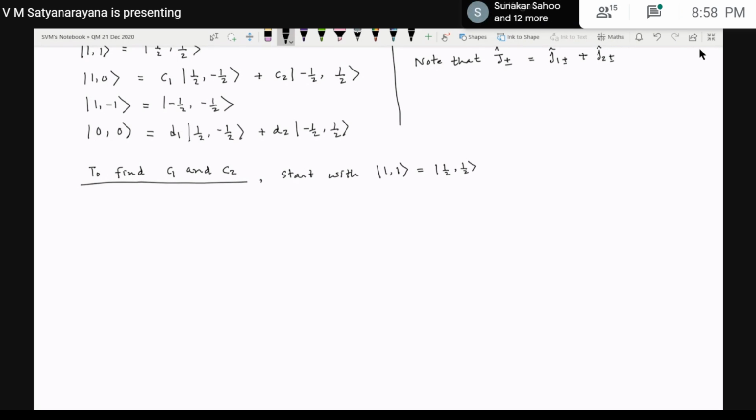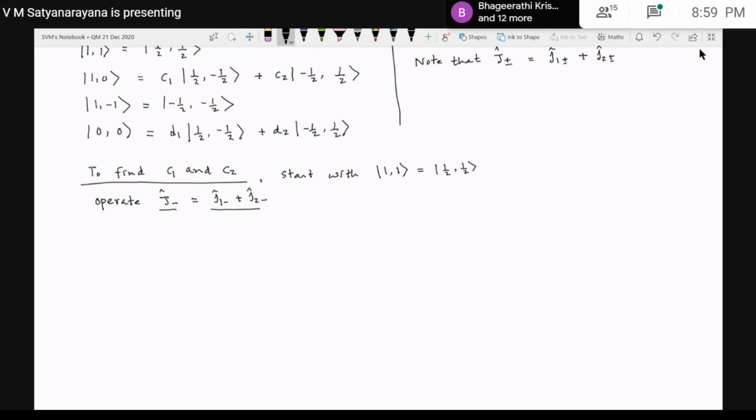Okay, and then operate with the operator J minus, which is equal to J1 minus plus J2 minus. When you are doing this operation, on the left hand side you have to operate with this operator, on the right hand side you have to operate with this operator, because on the right hand side we have basis 1, on the left hand side we have basis 2.